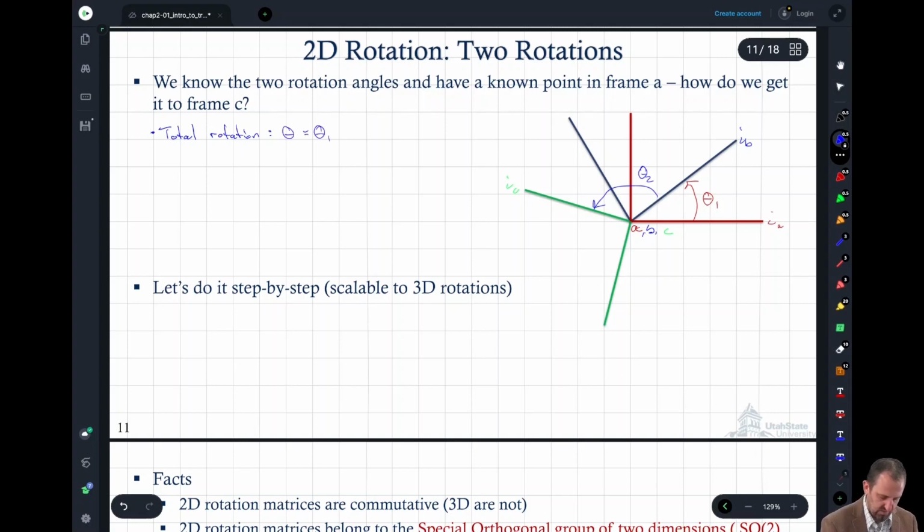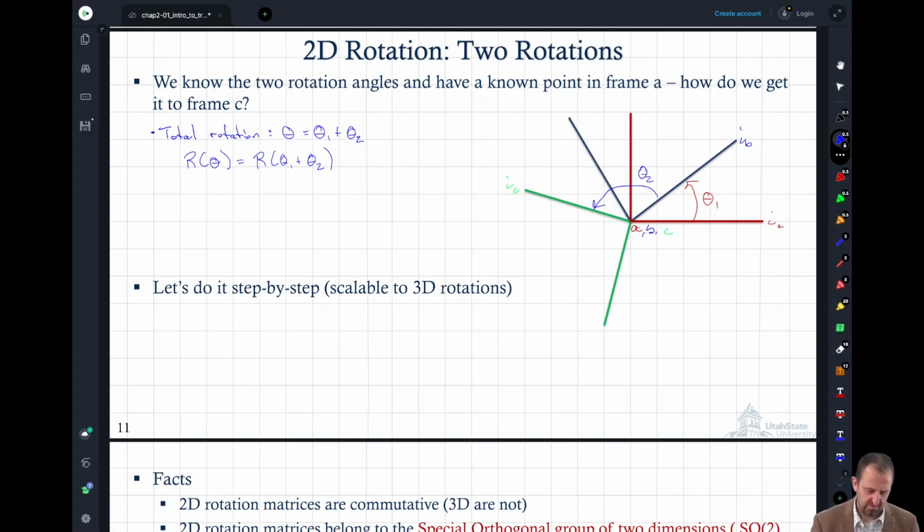So we have theta 1 plus theta 2. So in this case, we would just write our R of theta is equal to R of theta 1 plus theta 2. And we can write this down in two different ways, right?